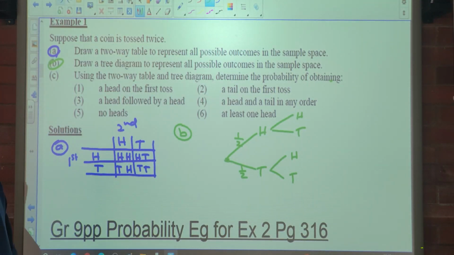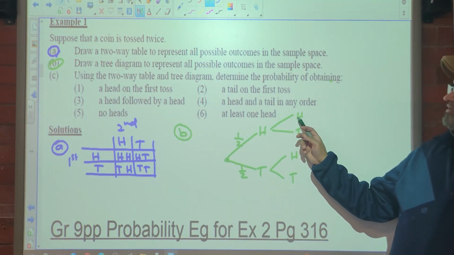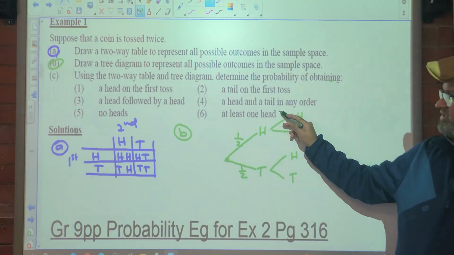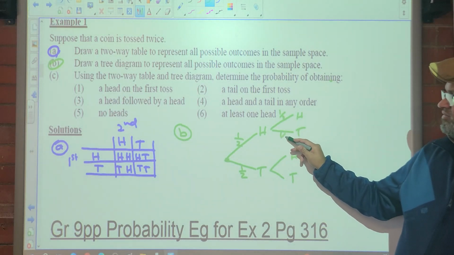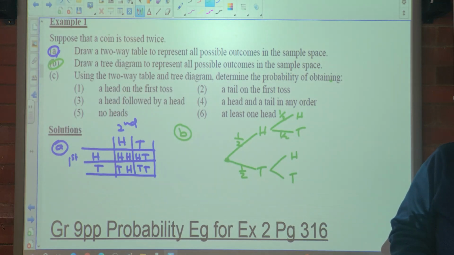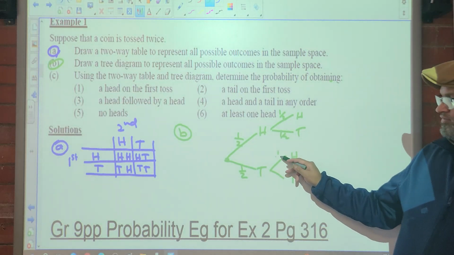Okay. What is the probability of me tossing a heads on the second coin? 1 out of 2. And tails? 1 out of 2. If I toss tails on my first coin, what is the probability of tossing heads on the second coin? 1 out of 2. And tails, 1 out of 2.